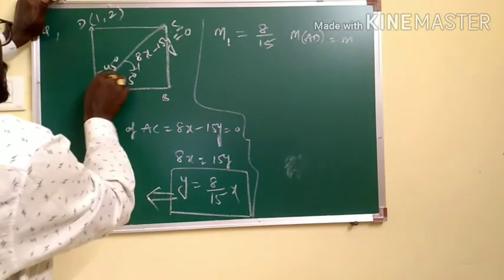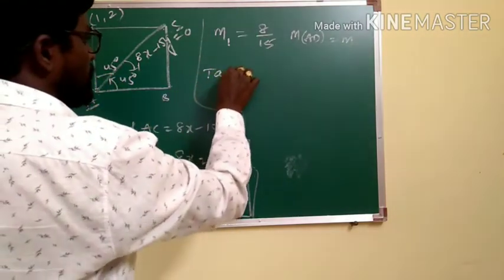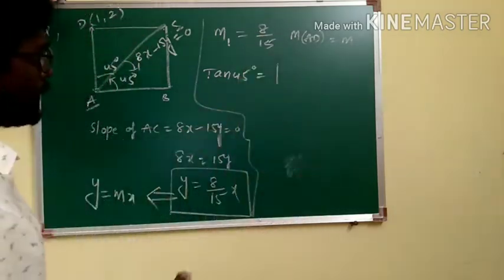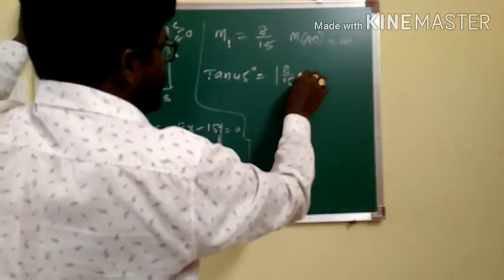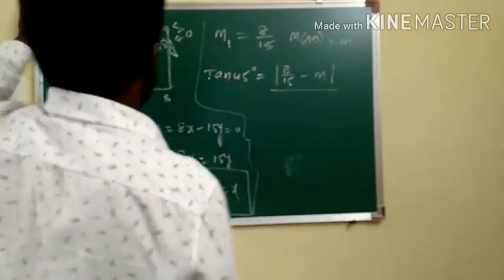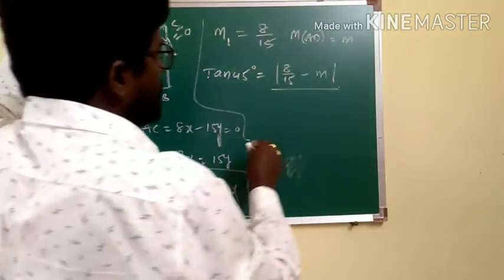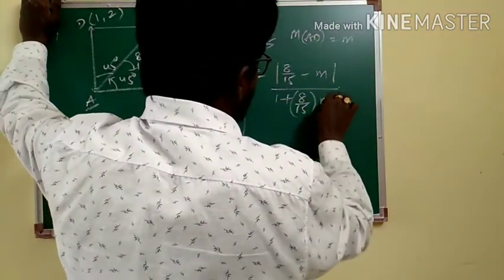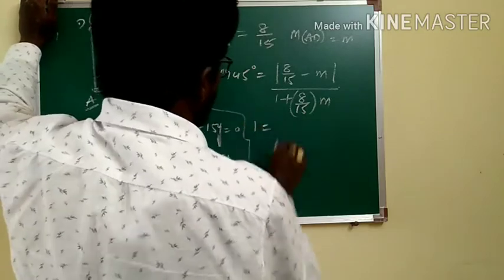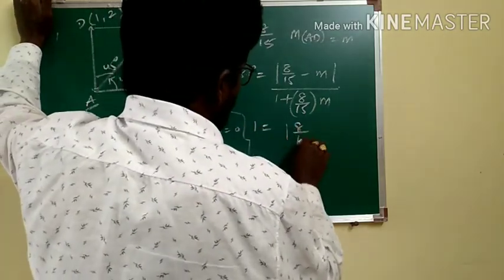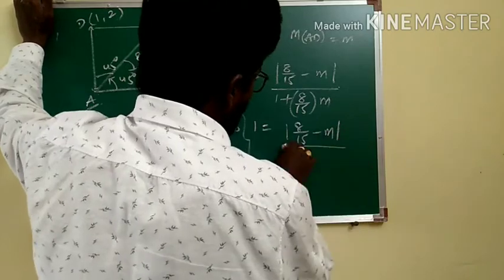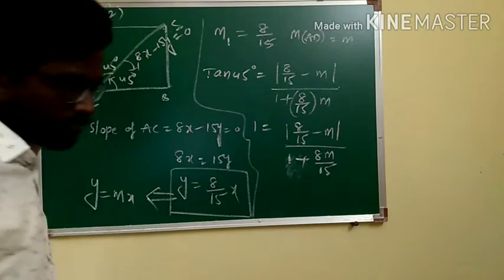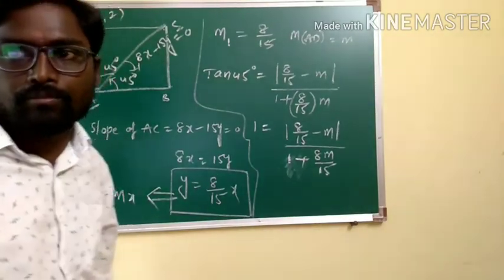Then we have the angle between these two lines: tan 45 degrees is equal to mod of (m1 minus m2) by (1 plus m1 m2), that is 8 by 15 minus m, where m2 is m, the slope of AD, by 1 plus 8 by 15 into m. Tan 45 is equal to 1, so 1 equals mod of (8 by 15 minus m) by (1 plus 8m by 15).